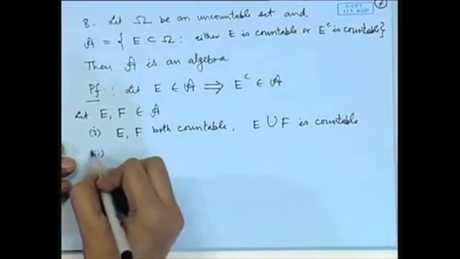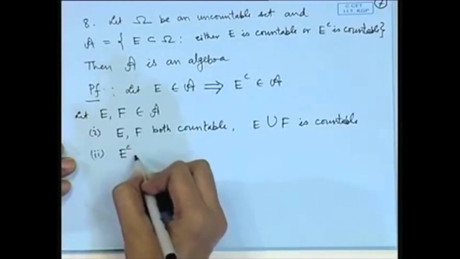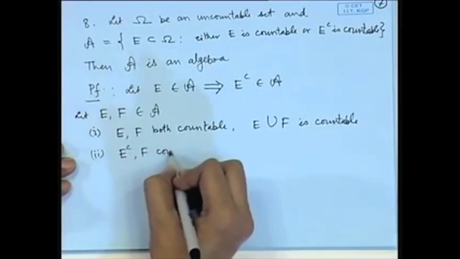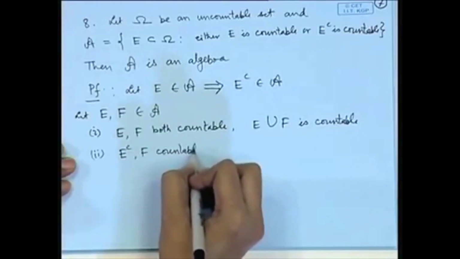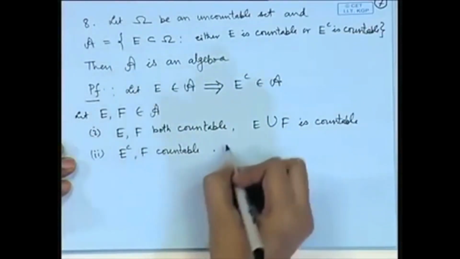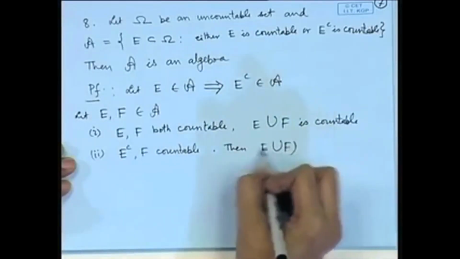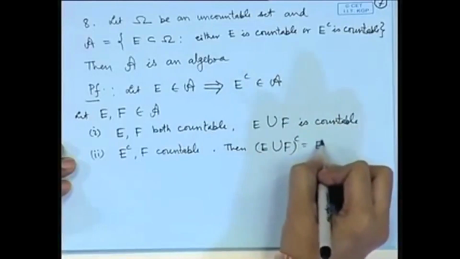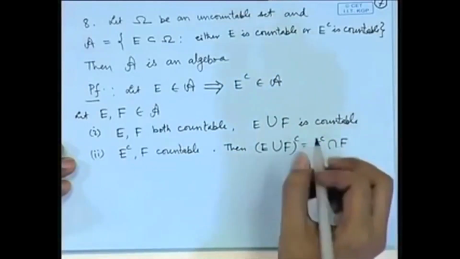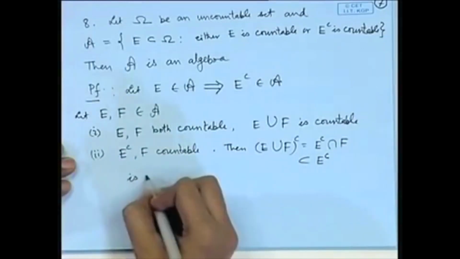If I have, say, E complement and F countable, then we can write E union F complement as E complement intersection F complement, which is a subset of E complement. So this is countable.